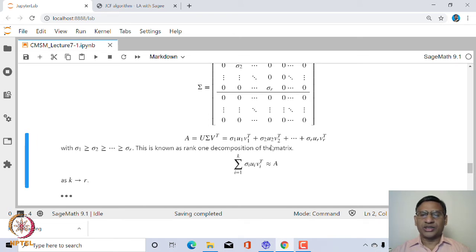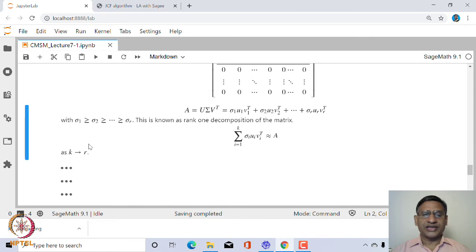That simply means you can ignore the last few components. The first few components themselves will be a very good approximation of A. This is what is used in image compression. So let us see how we can use this in order to approximate or compress an image.